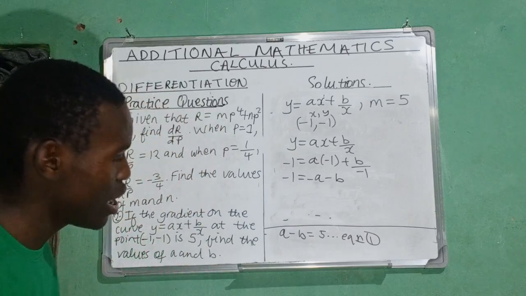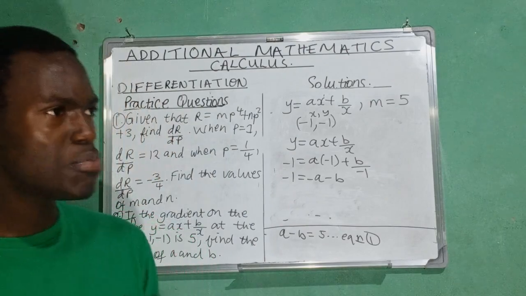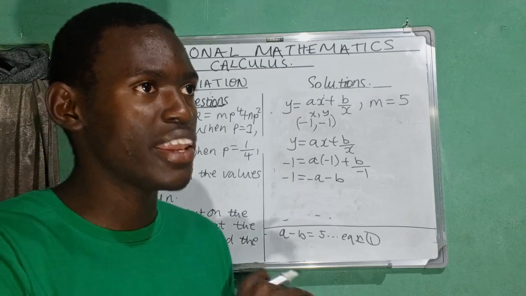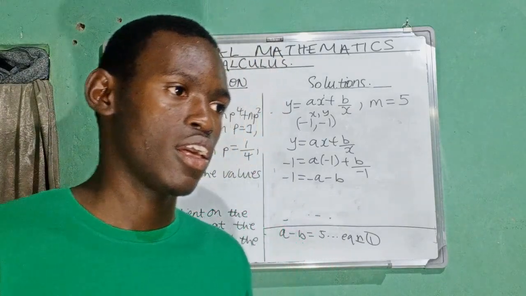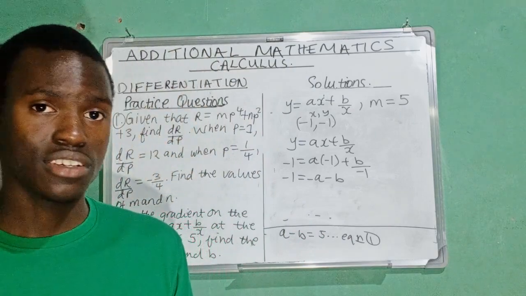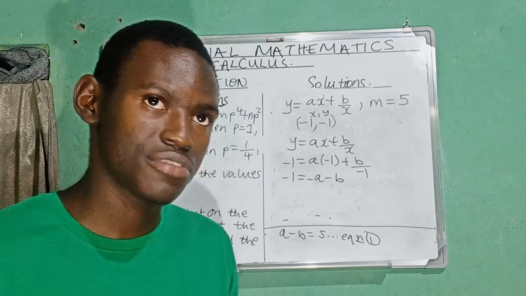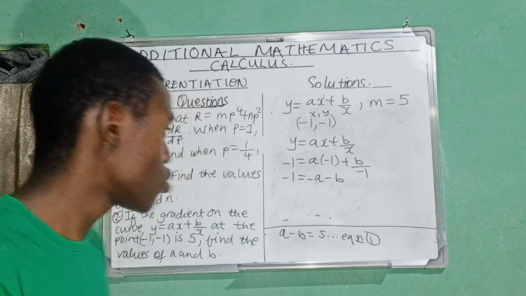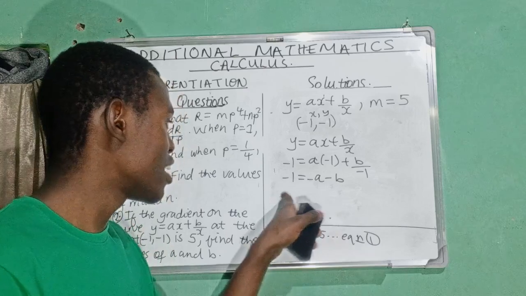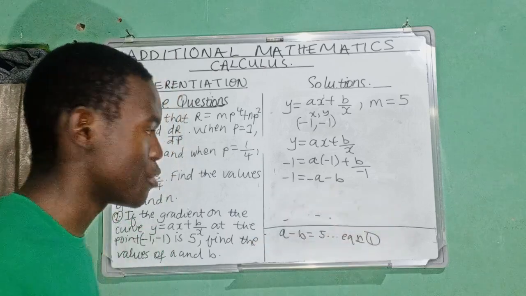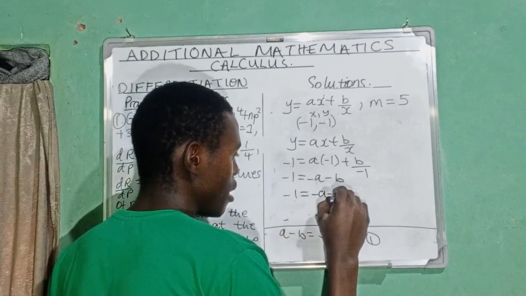In this particular case, there's one thing that you need to know. You can multiply the equation throughout by -1. It does not change the meaning of the equation. It's still the same, and you find the same answer. Maybe you can solve simultaneously with negatives, but for me, I'll solve with positives. So -1 is equal to -a minus b.